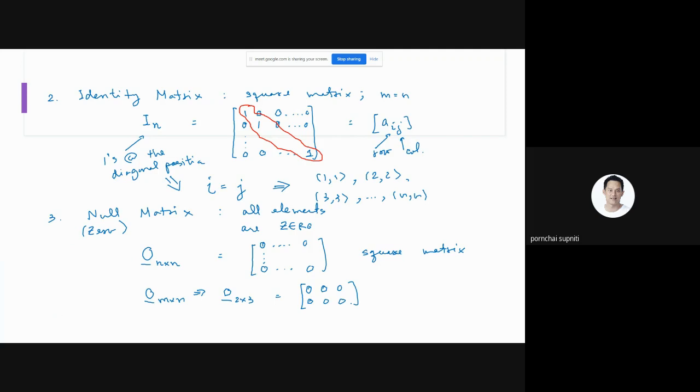I talked about the identity matrix, and let me also write down some properties of the identity matrix.